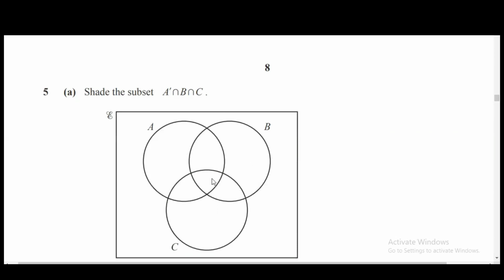Suppose this will be A intersection B intersection C, but A and C are not here. This is beyond the range of A and C. So this is A complement, C complement.